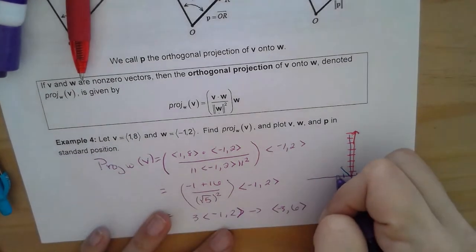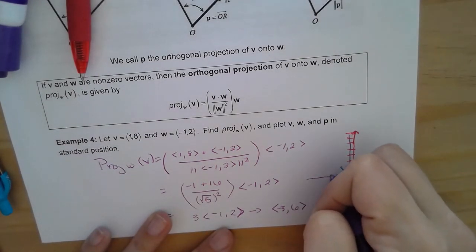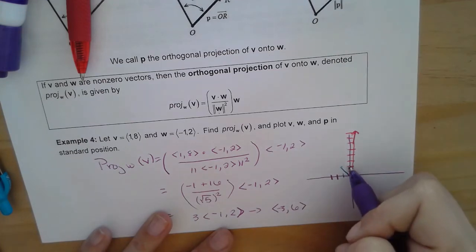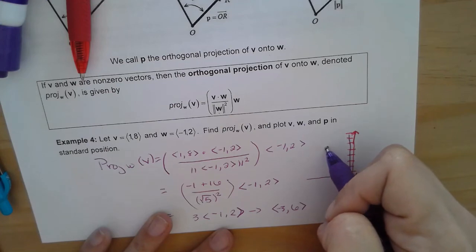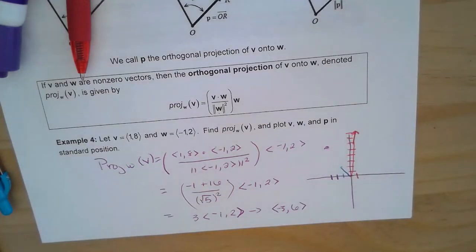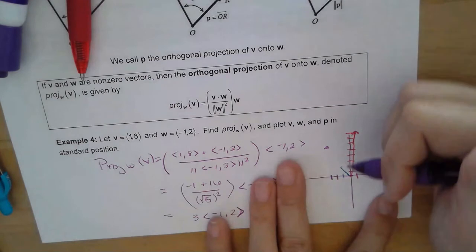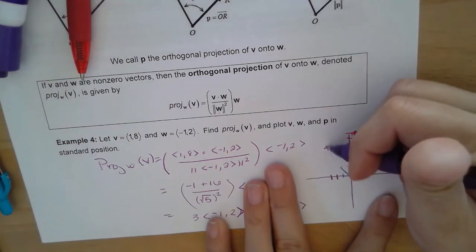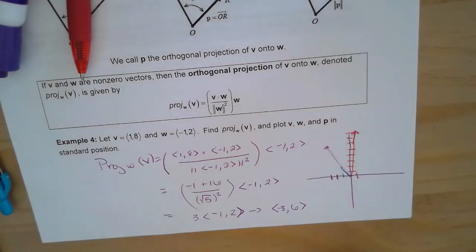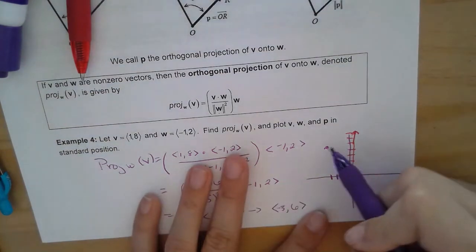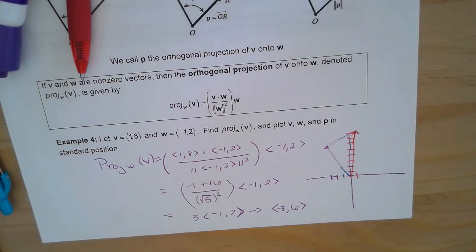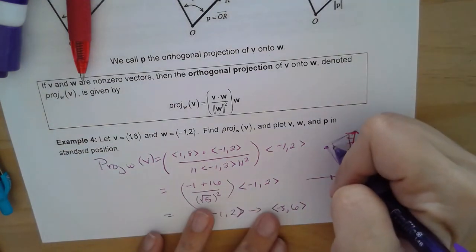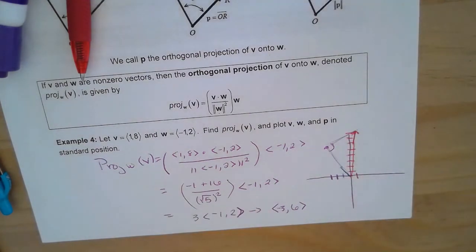So there's negative 1, negative 2, negative 3, 1, 2, 3, 4, 5, 6. Okay, so if I were to continue w and connect it to v, does that create a 90-degree angle? Well, of course, my drawing is not, but yes, it does. It will make a 90-degree angle.